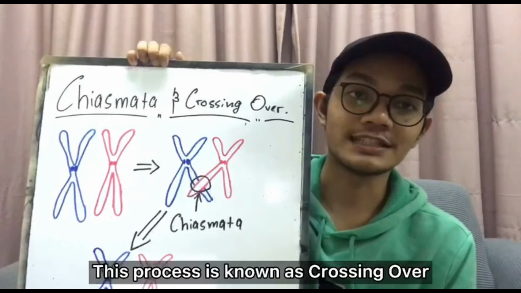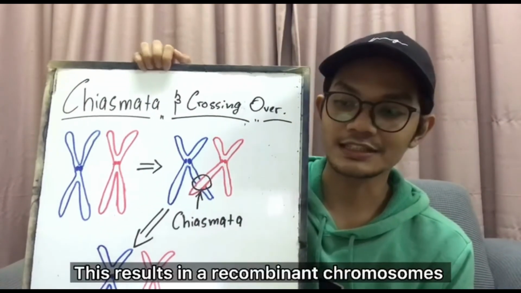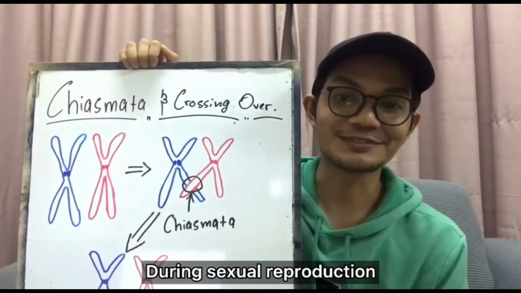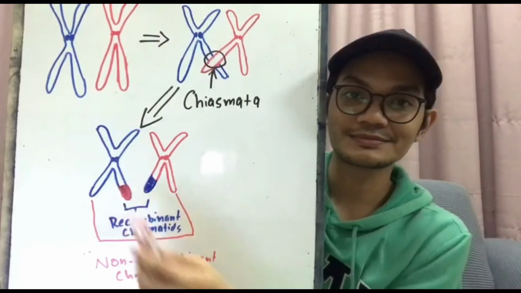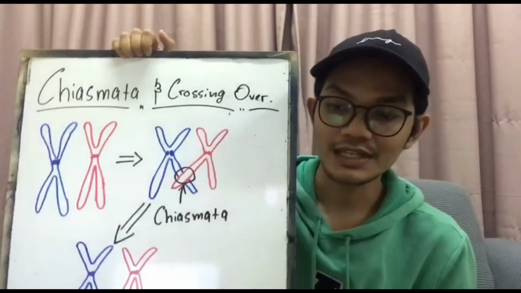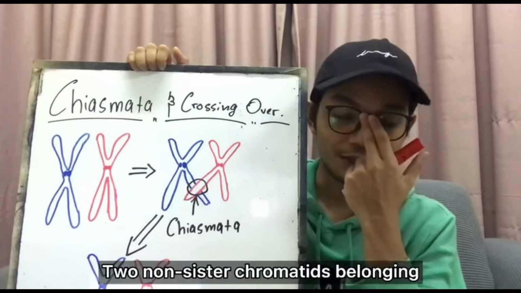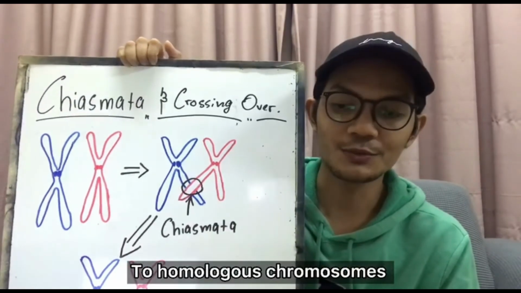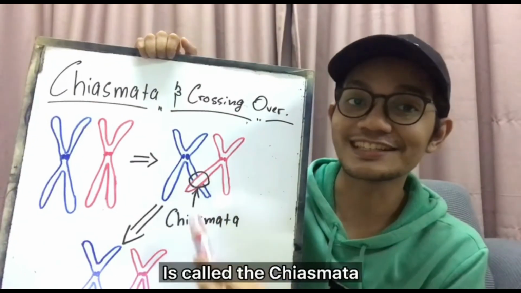This process is known as crossing over. This results in recombinant chromosomes during sexual reproduction. The point of contact between two non-sister chromatids belonging to the homologous chromosomes, which are right here, is called the chiasmata.